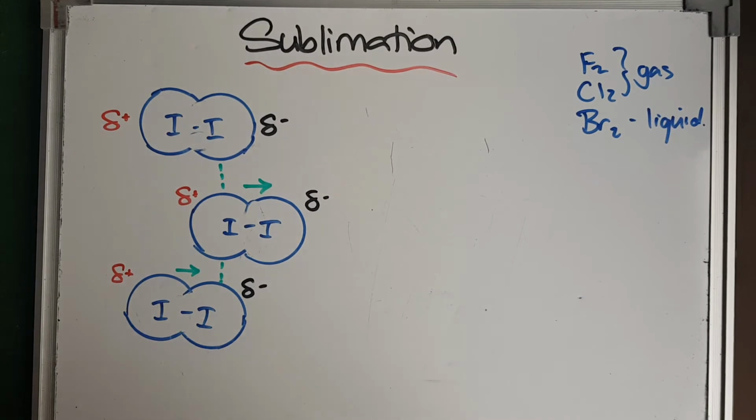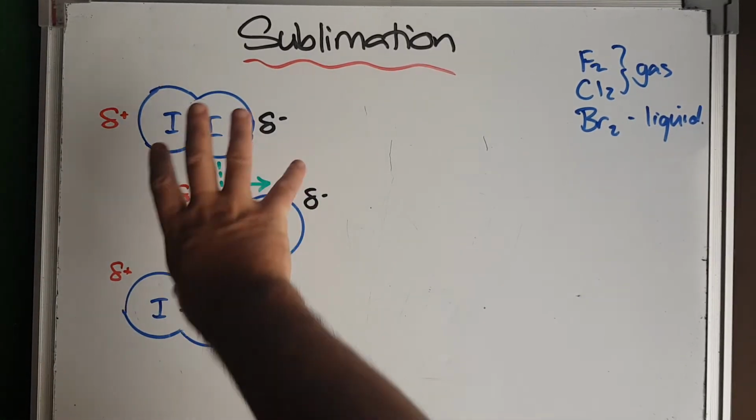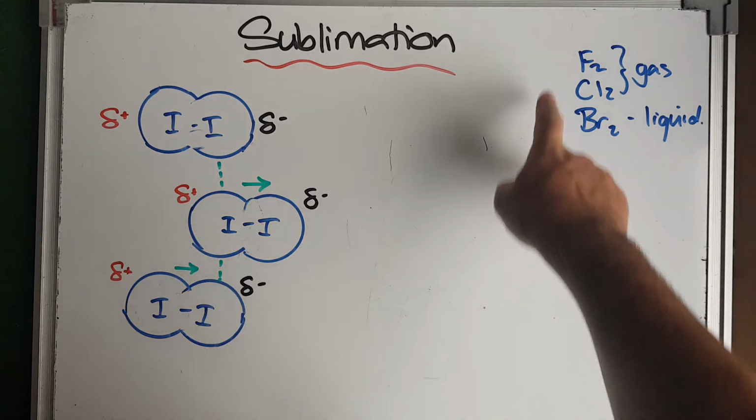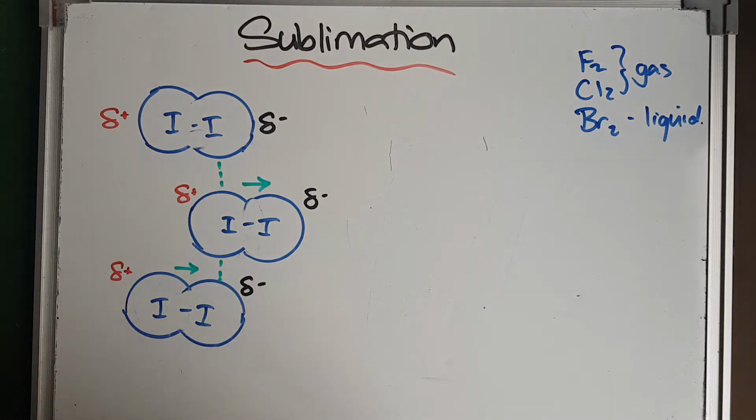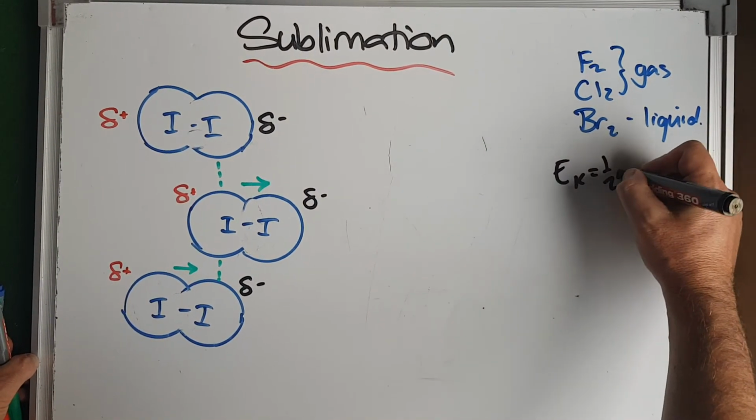Now, why would that happen with iodine? Well, having a larger molar mass, at room temperature, these particles are moving much more slowly than these particles as well. Larger mass, and if you think of kinetic energy, remember EK equals half mv squared.